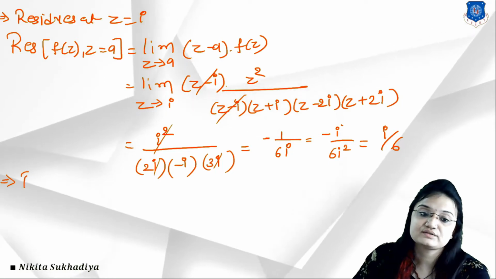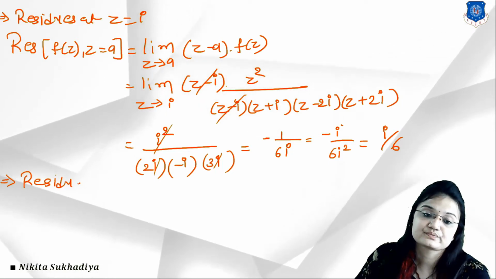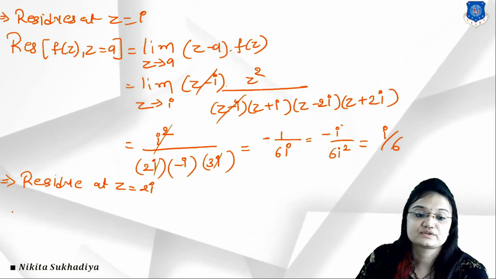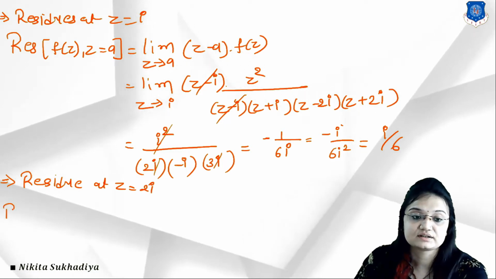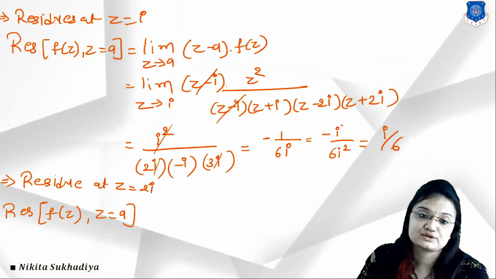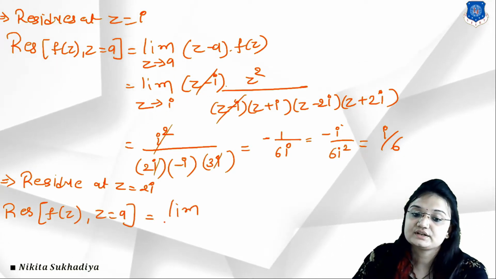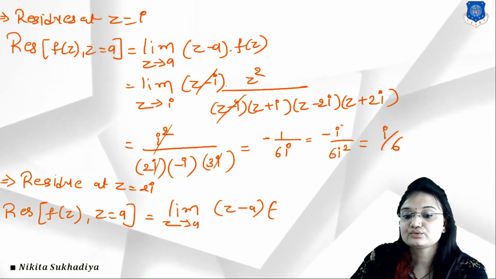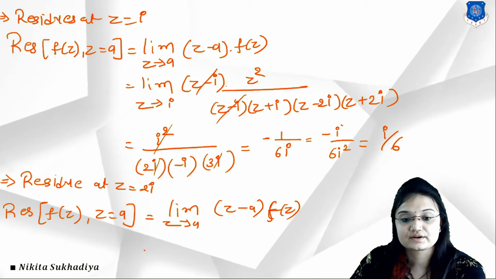Now second, here we have residue at z is equal to 2i point, which lies in the semicircle. So residue of function f of z, where z is equal to a, limit z tends to a, z minus a into function f of z.